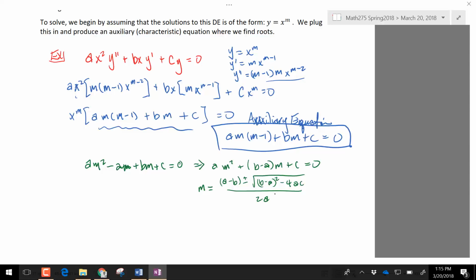If you get one repeated root, then we have to use the reduction of order process to find our second solution. And then if we have complex roots, we have to somehow adjust for that.